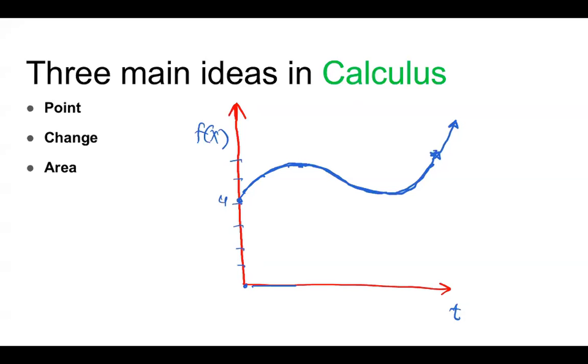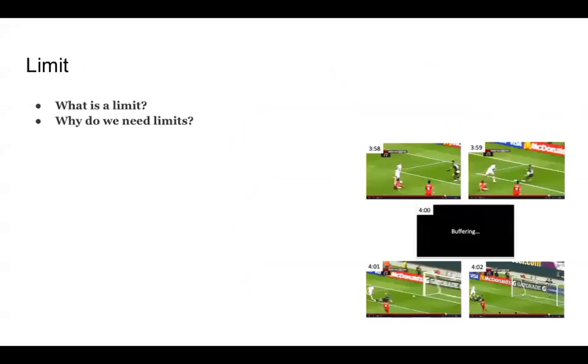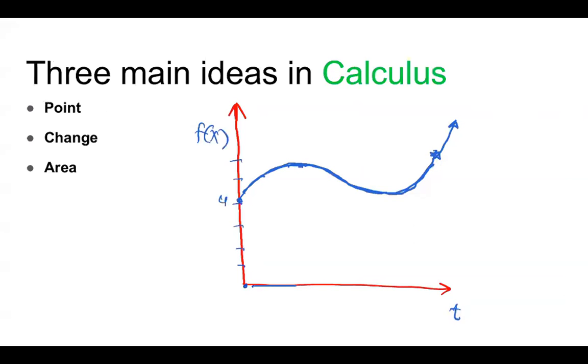In calculus, we are going to study, first of all, from this curve, the value of the curve at a particular point. For example, what is the value of the curve at this point? We can simply read it from the y-axis.